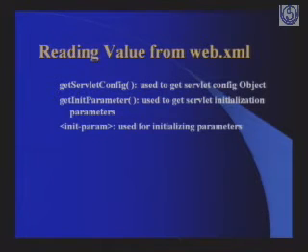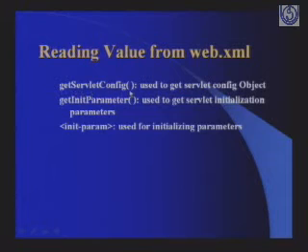Now let us go to next aspect of our discussion, that is reading value from a web XML file. Now if you see that how web XML can be used for having certain value which is not going to change very frequently or which is applicable for whole application.